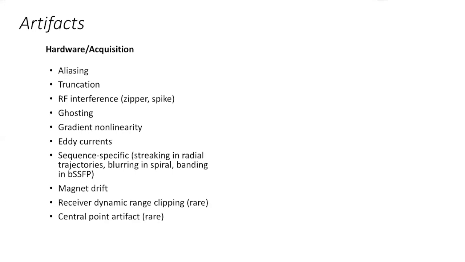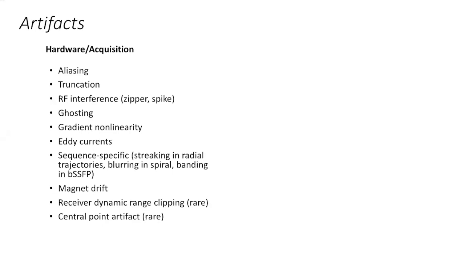So there are a great deal of artifacts that come about from hardware and acquisition, all the ones that you see on the left. I'm not going to go through all of them, but I think these are the main ones that we think of as MR physicists.